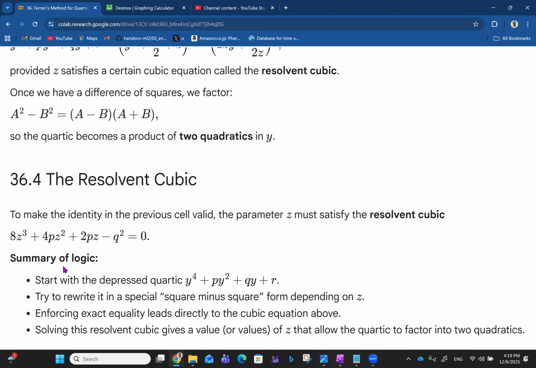Okay, the summary of the logic is that you start with the depressed quartic y raised to power 4 plus py squared plus qy plus r, try to rewrite it in a special square minus square form depending on z, then enforcing exact equality leads directly to the cubic equation above. So this equation is to enforce exact equality. Solving this resolvent cubic gives values of z that allow the quartic to factor into two quadratics.